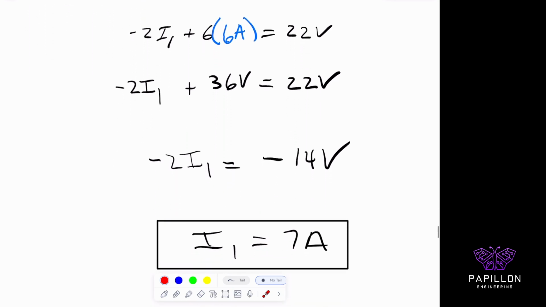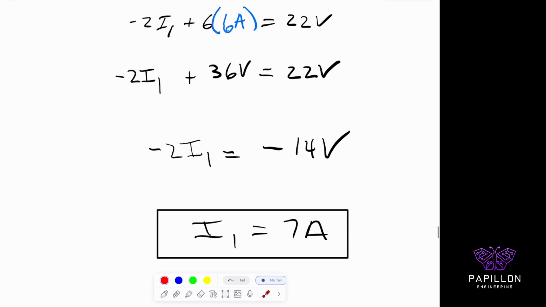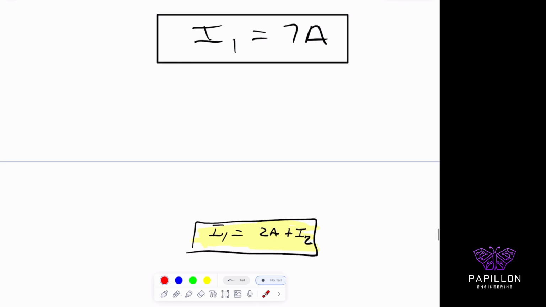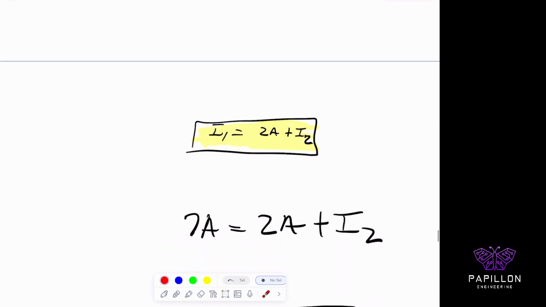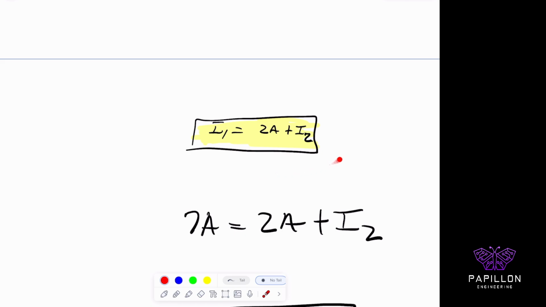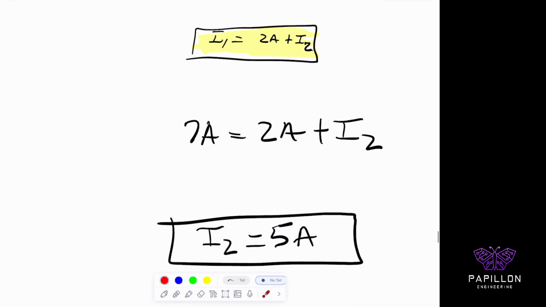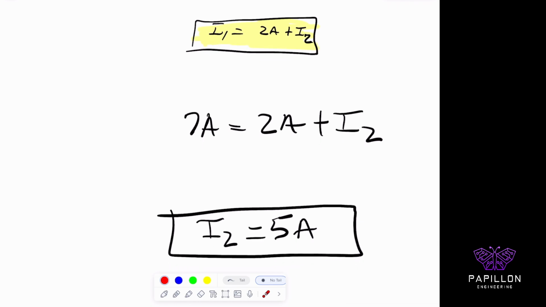So if I do that, I get back I1 equals 7 amps. And then finally, because of my constraint equation, I1 equals 2 amps plus I2, I can now solve for I2, which gives me back 5 amps.